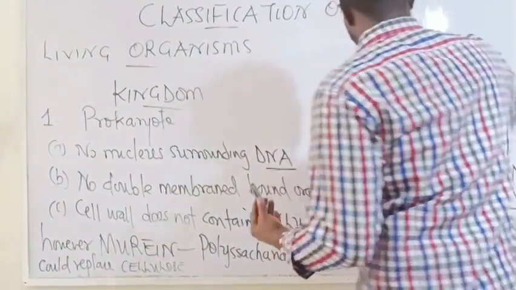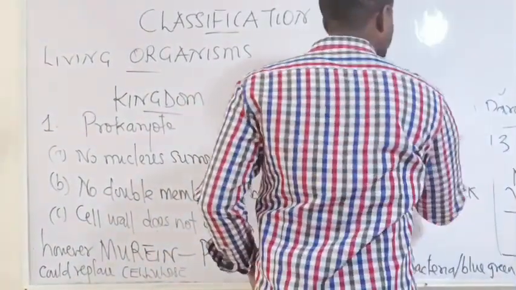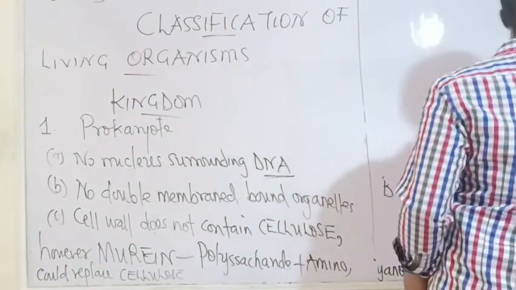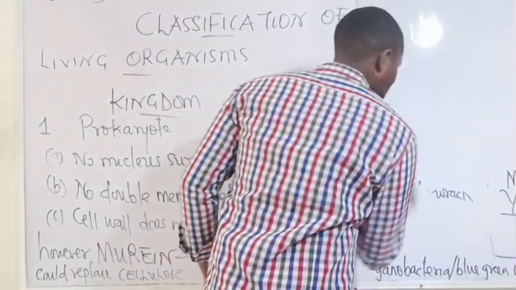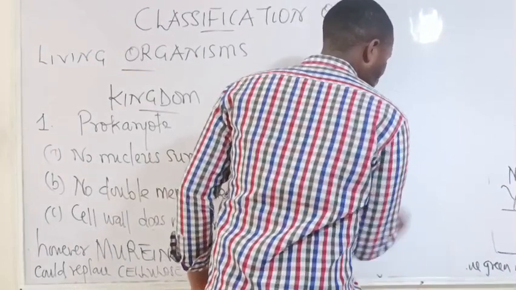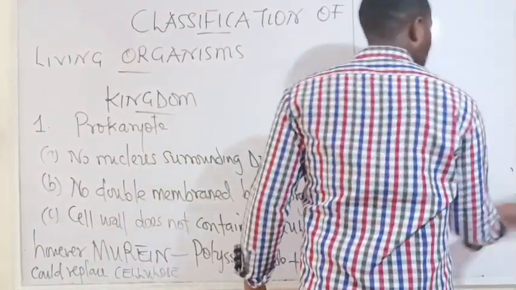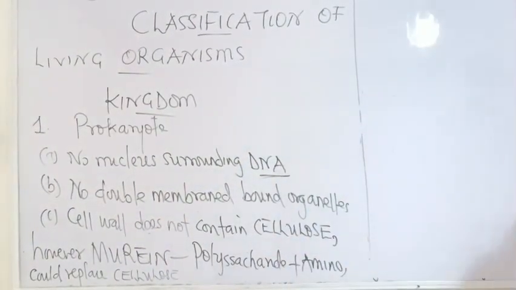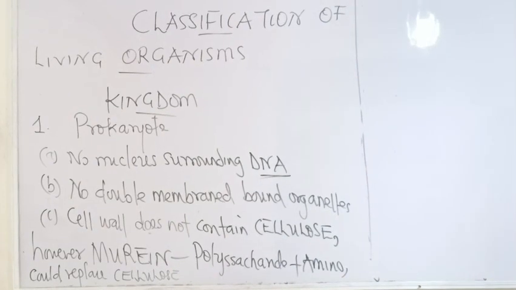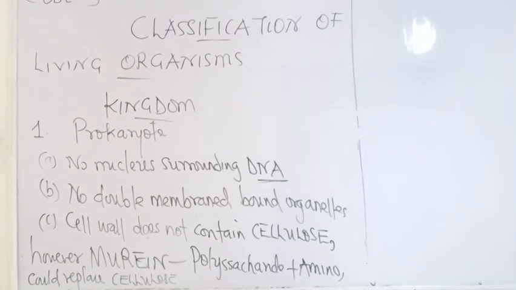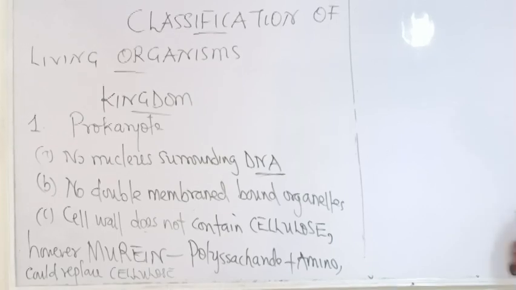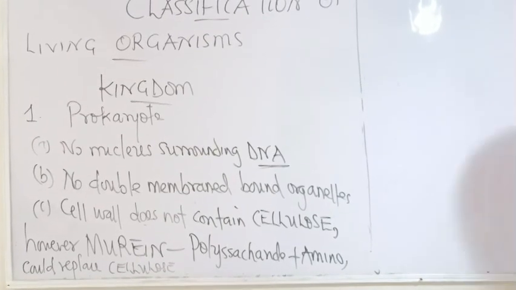Now we will talk about the size of a typical prokaryotic living organism. The size could range from half a micrometer to 10 micrometers in diameter, so it falls within that range of size.